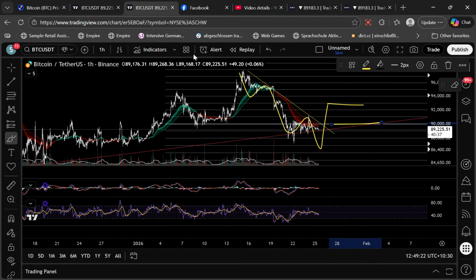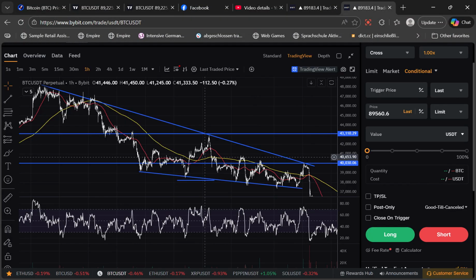So if we compare that to 2022, I think this is a good chart just to highlight that. We've got the 43K here and the 40,000. After that relief rally, you see that drop down, you get a bounce off the 40,000 or just below it. It goes back above 40,000 and there's a strong rejection off the 43. Essentially, this is the kind of price action I want to see.